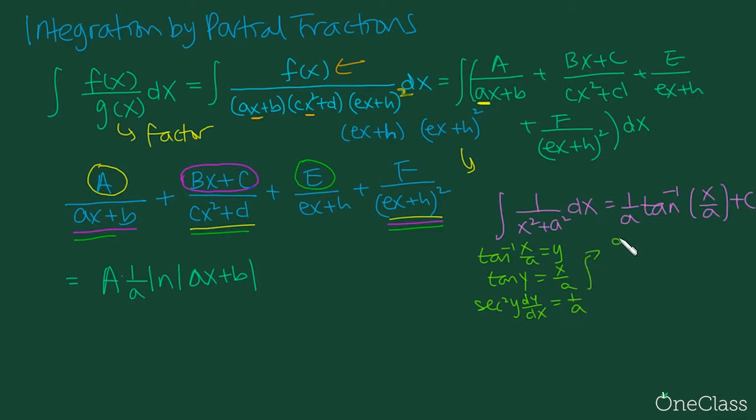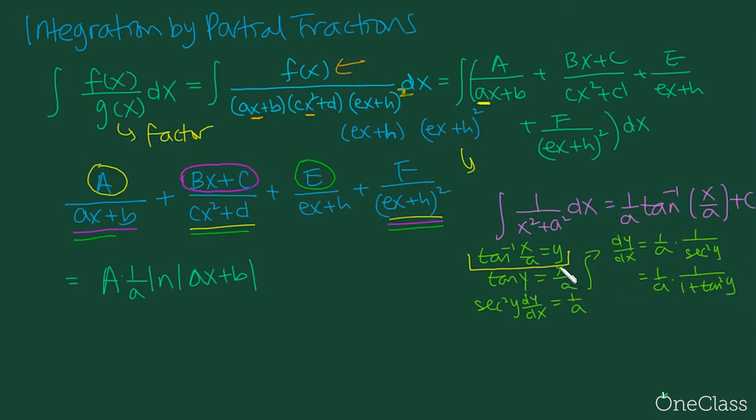So dy over dx, the derivative of the initial thing that we want to take the derivative of, will equal 1 over a times 1 over secant squared y, because you divide both sides by secant squared y. That is equal to 1 over a times 1 over (1 + tangent squared y).